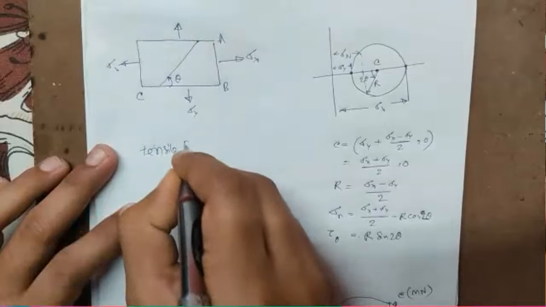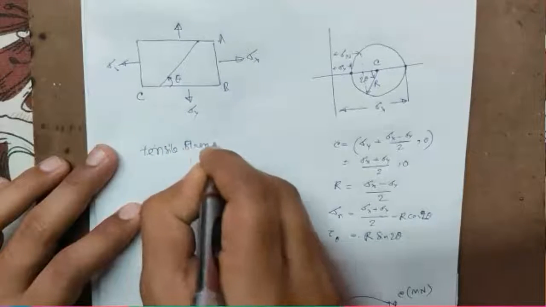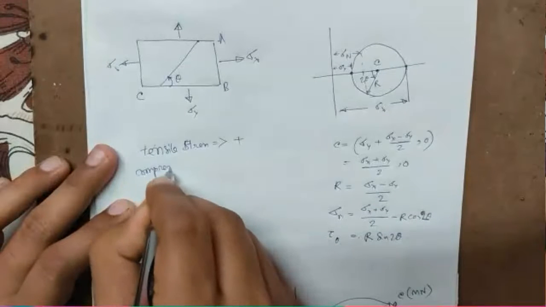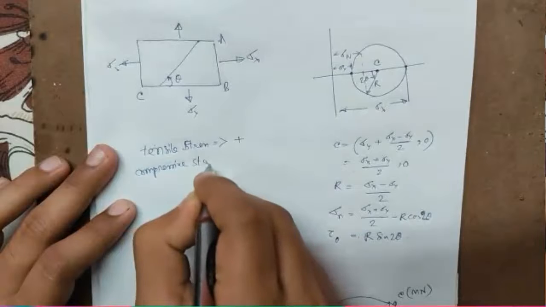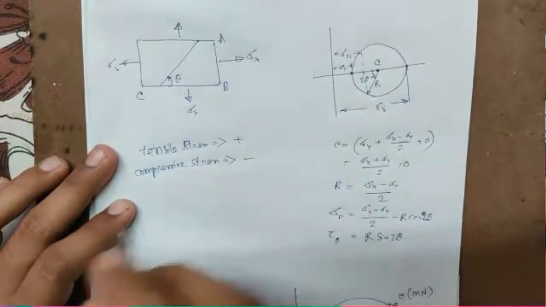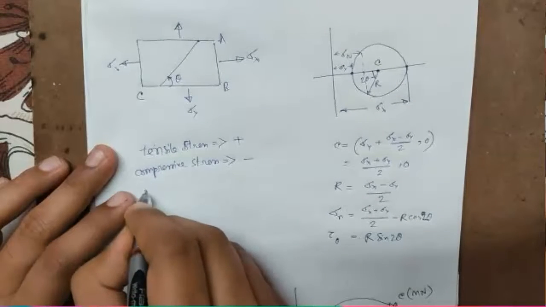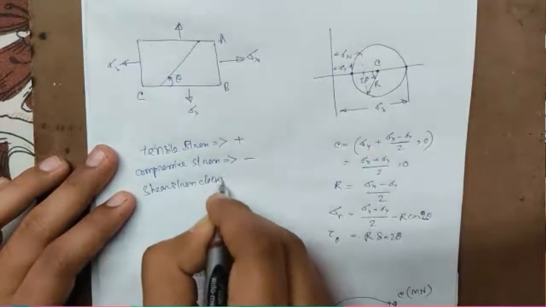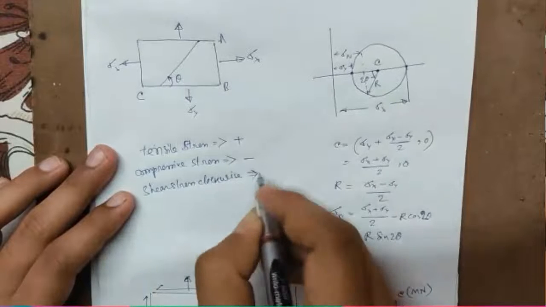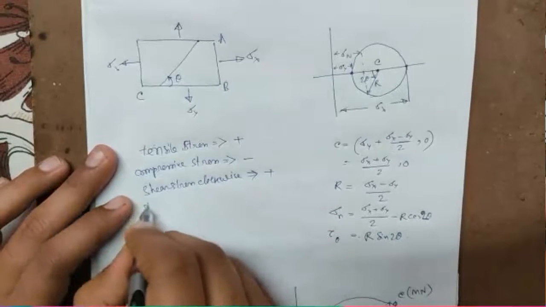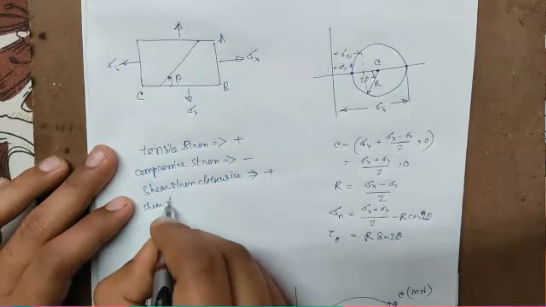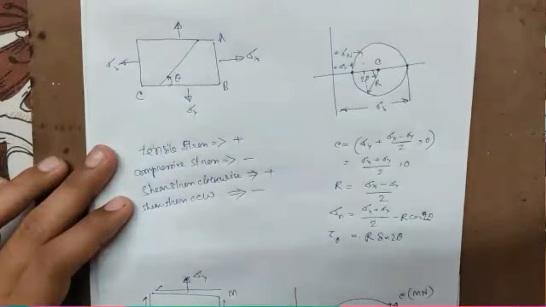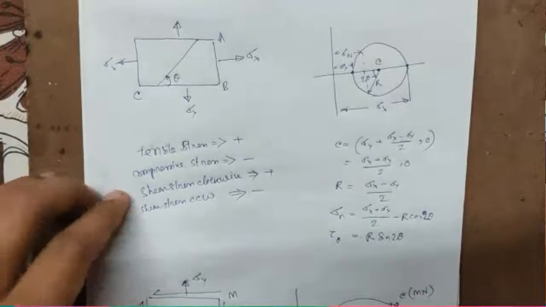Tensile stress will be positive, compressive stress will be negative, shear stress clockwise is positive, and shear stress counterclockwise is negative. We are taking this sign convention.